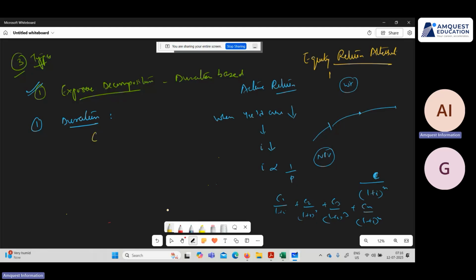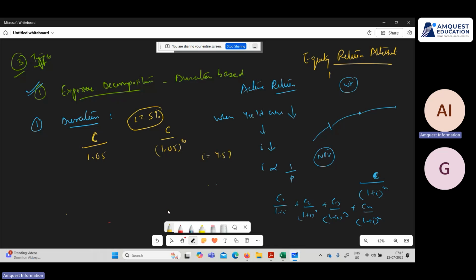Let's say a coupon is fixed and interest rate is 5%, right? So this is 1.05 and this is C upon 1.05 to the power 10, right?